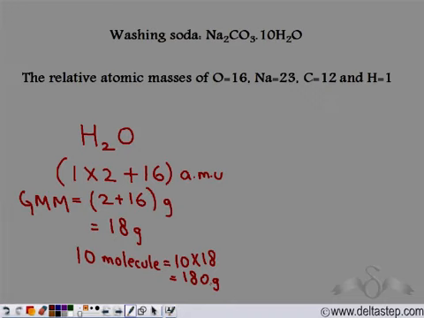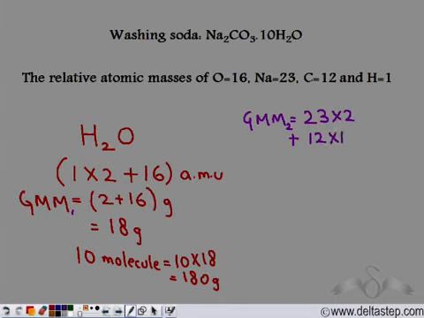Now let's calculate the gram molecular mass of washing soda. Let's take this as 1. Let's take this as 2. So for washing soda, we have 2 atoms of sodium. So each has the relative atomic mass 23 multiplied with 2, plus each carbon has the relative atomic mass 12.